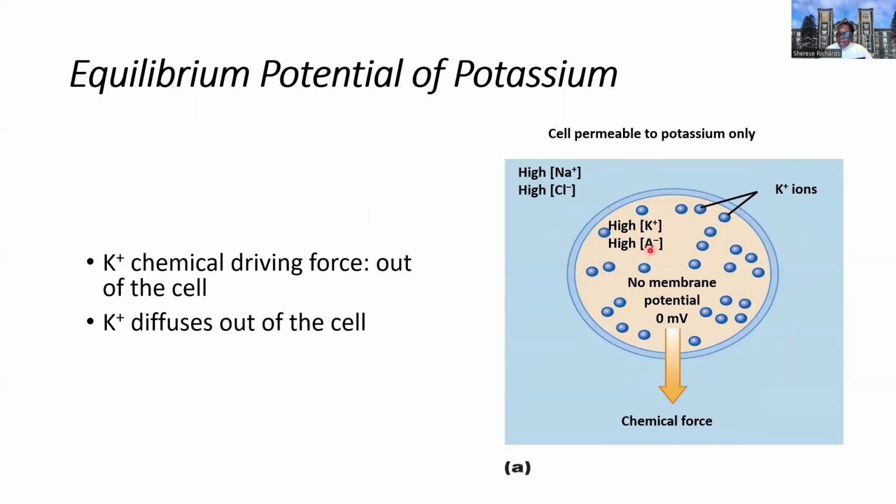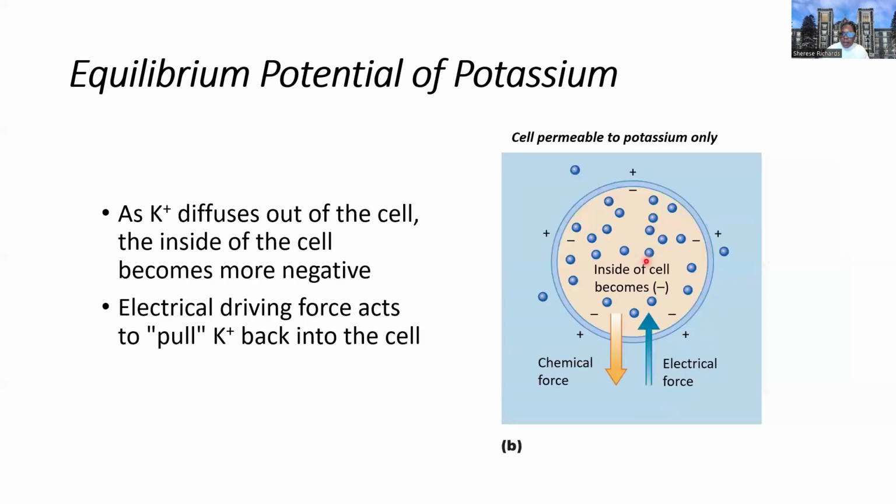Positive being balanced by negative inside the cell, positive being balanced by negative outside the cell as well. So as potassium moves outside of the cell, there's this unopposed negative charge that's left behind inside the cell. So the inside of the cell becomes more negative. All right. So that's the chemical force. That's one part of the equation.